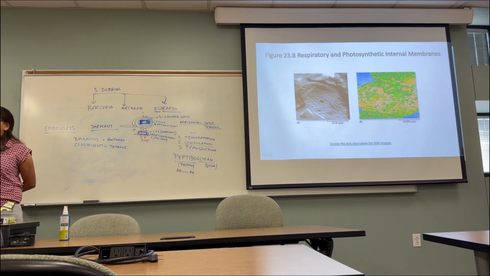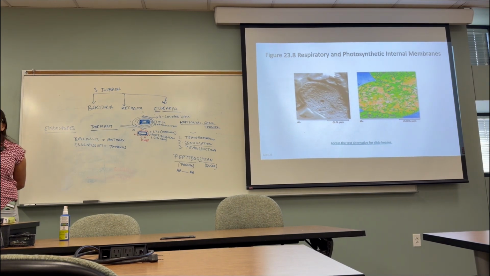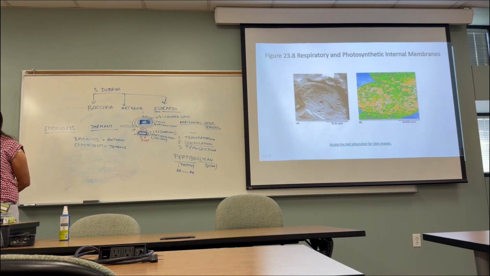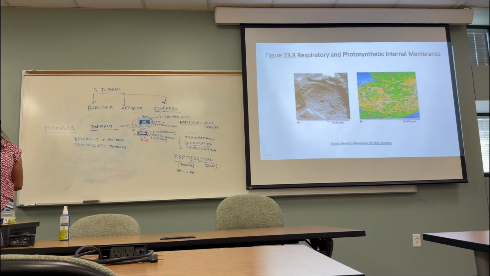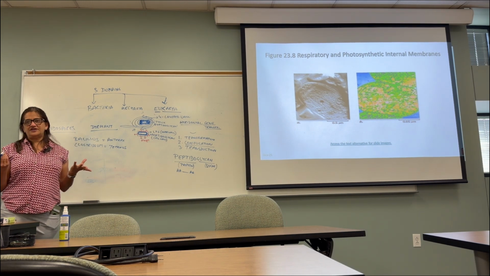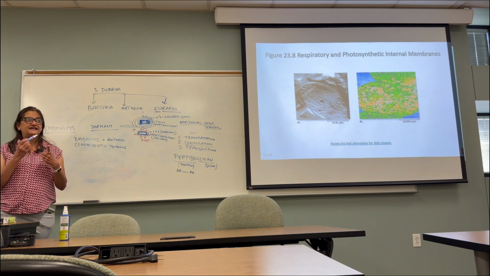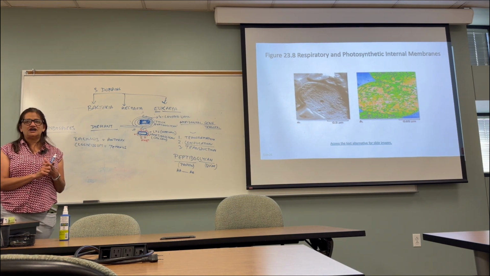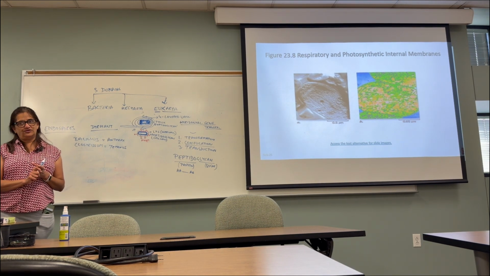So some of the internal membranes, like we said, invaginate inside the bacteria and they can mark the regions for photosynthesis or for respiration. Because it's a prokaryotic cell, there is no special organelle like a chloroplast or a mitochondria. But still, like I said, if you are a cyanobacteria, then you are going to perform photosynthesis.